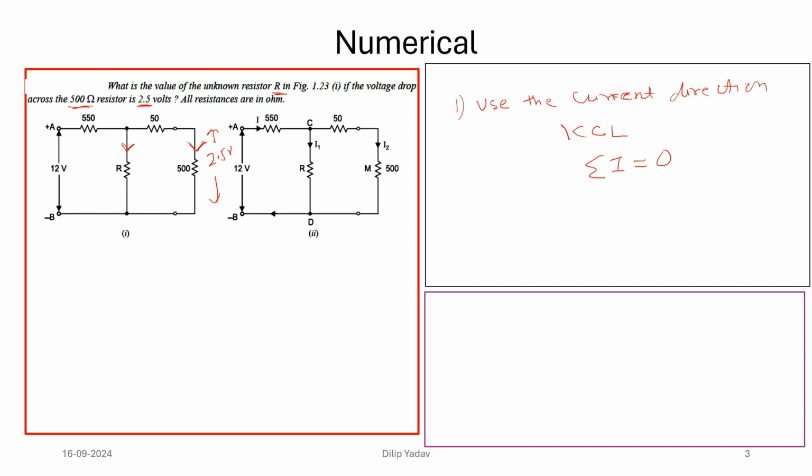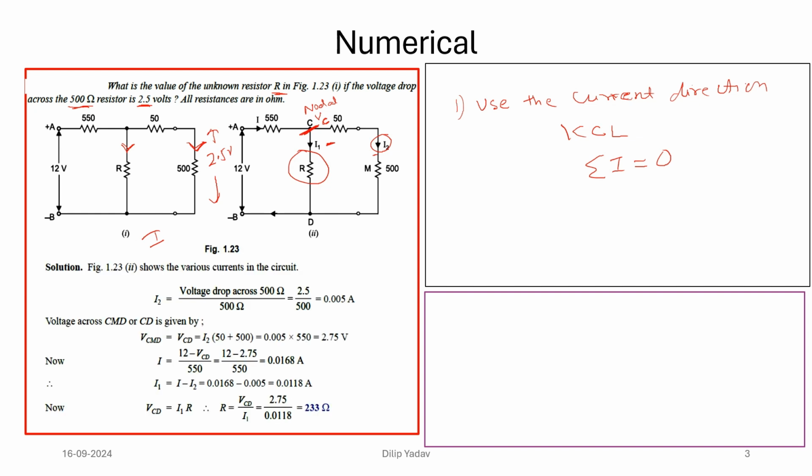Since we have the voltage across the 500 ohm, we can calculate the current across this terminal; if I consider it as I2, these two are in series with 2.5 volt across them. Then I can use nodal analysis, and if I consider the voltage across this as VC, and I know the current I and the voltage V, then I can calculate R. So this is the approach we are going to use.